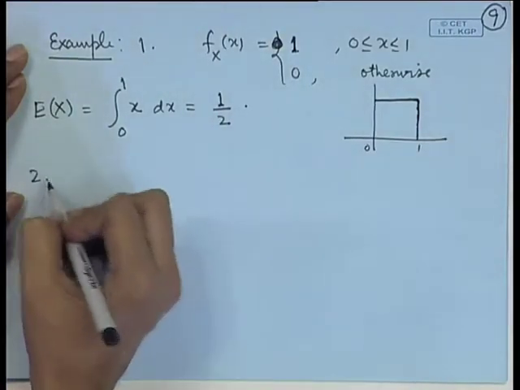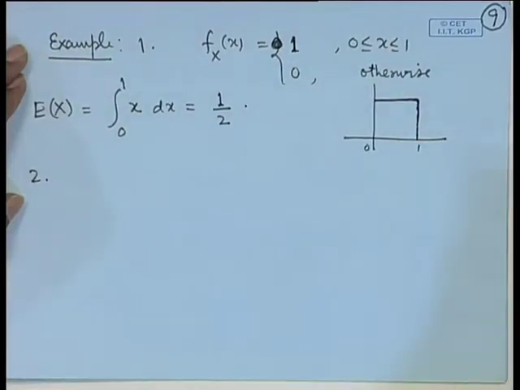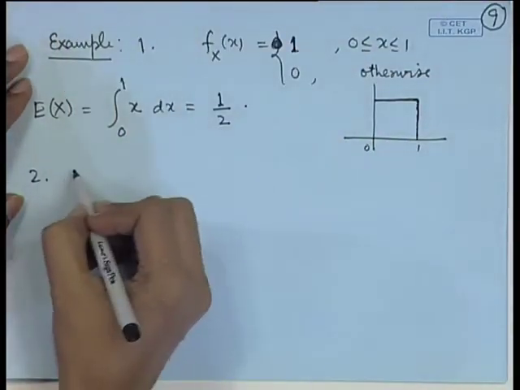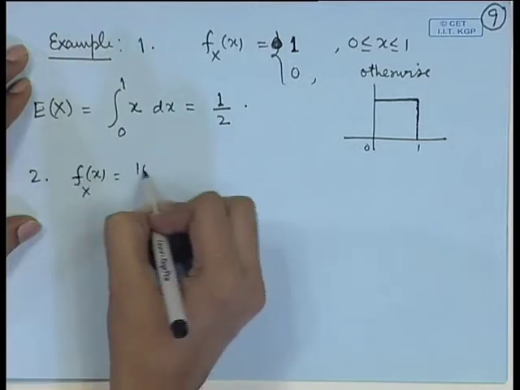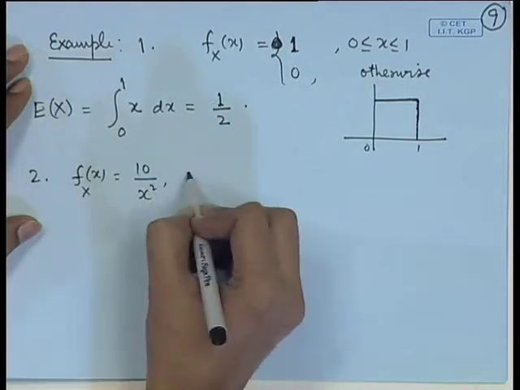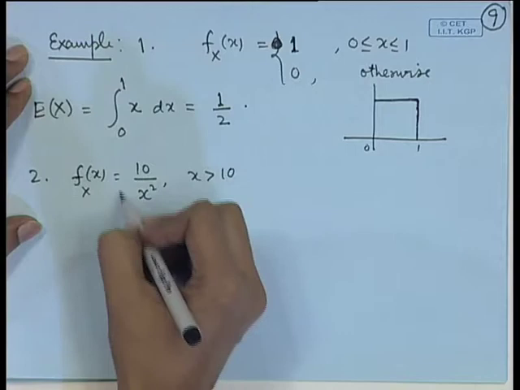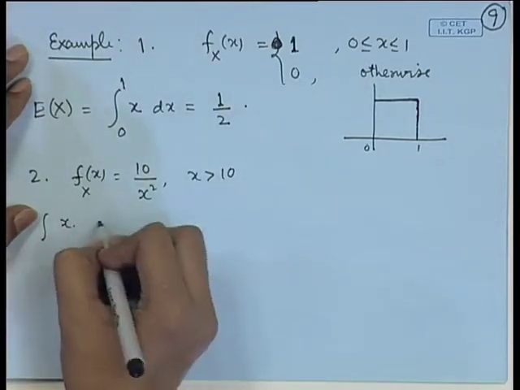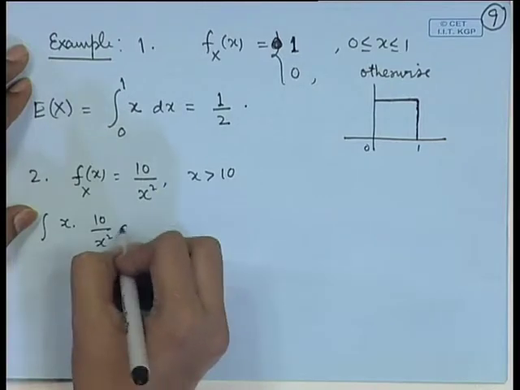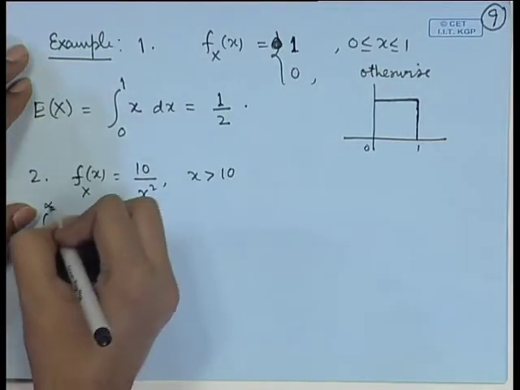Let us look at the next example. f(x) is equal to 10 by x square for x greater than 10. I am skipping the other part, which is 0. So, integral of x times 10 by x square dx from 10 to infinity.